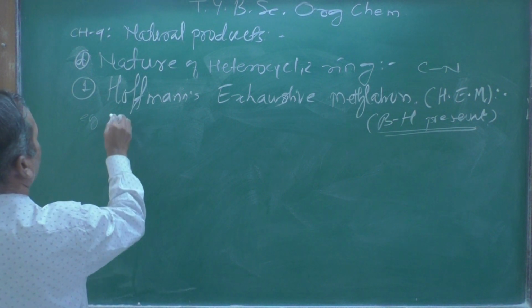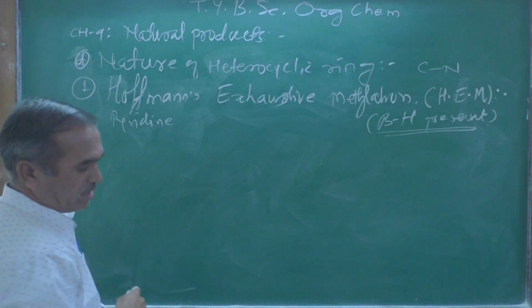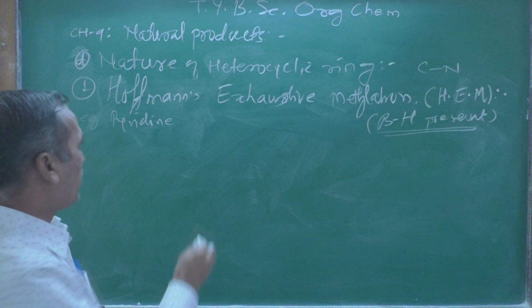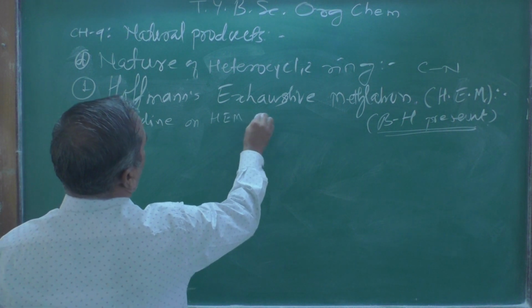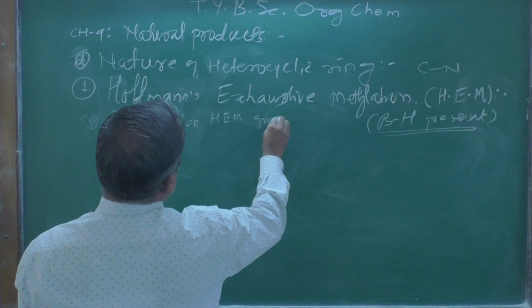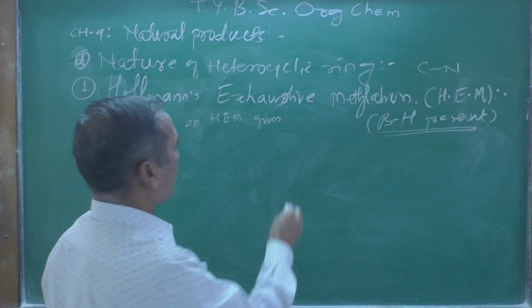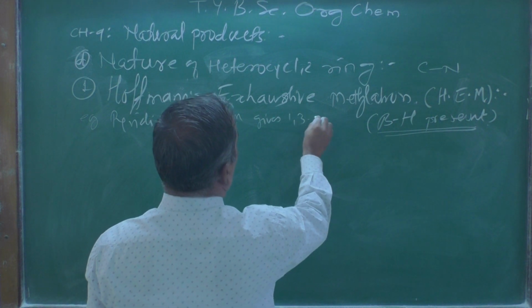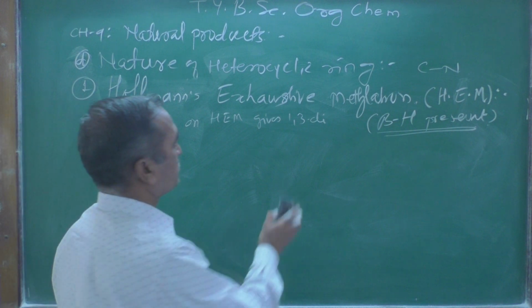For example, pyridine, as you know, is a 6-membered heterocyclic compound. Pyridine on Hofmann exhaustive methylation gives 1,3-pentadiene.